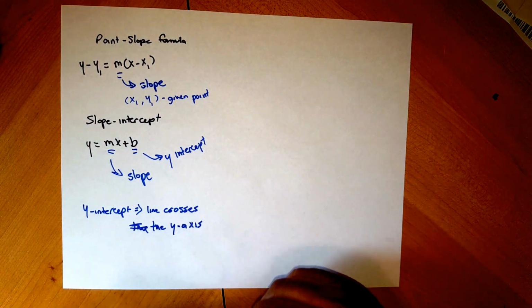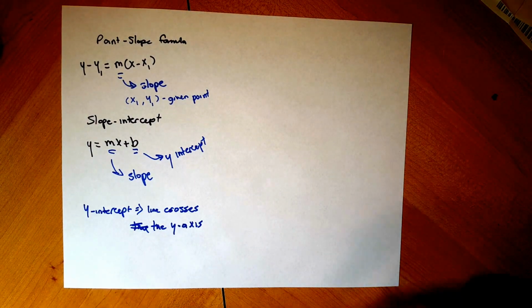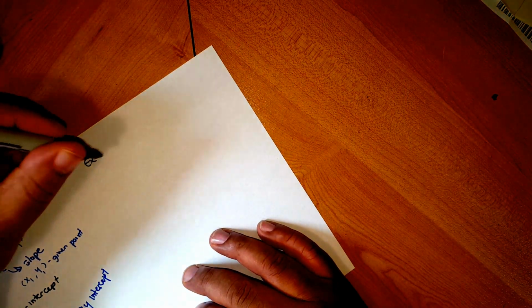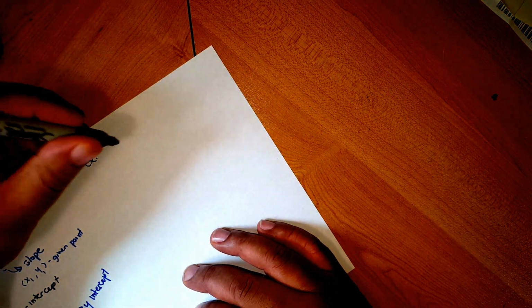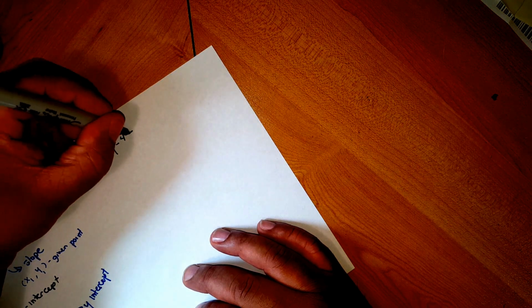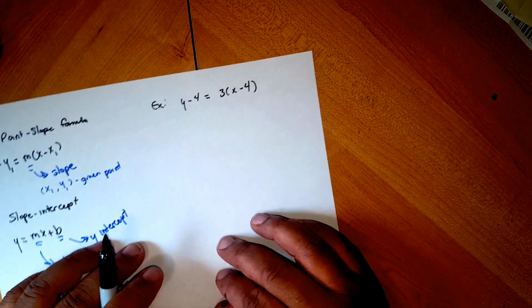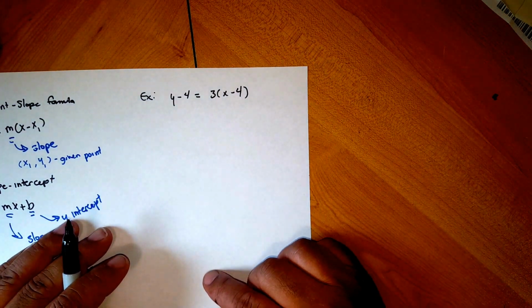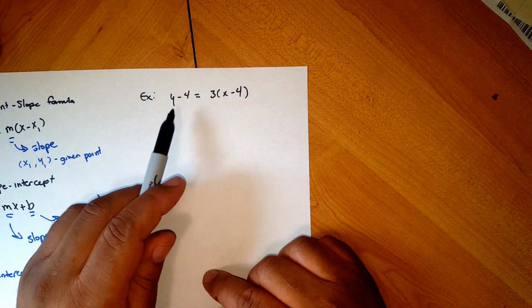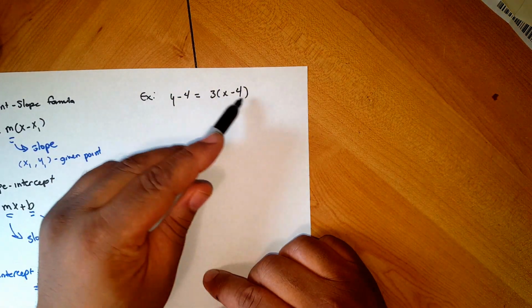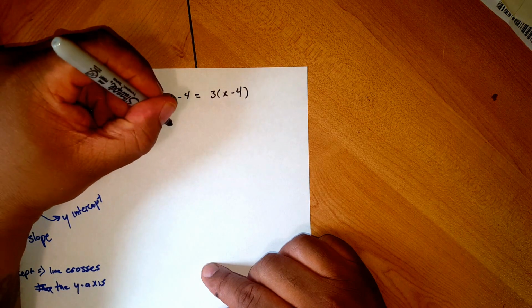The big thing to remember is that when we see an equation, what we want to look for is the coefficient of x. So let's say we have an equation, something that's in point slope formula. So we have these y's and the x's. To find out, we're going to multiply this 3 all the way through.